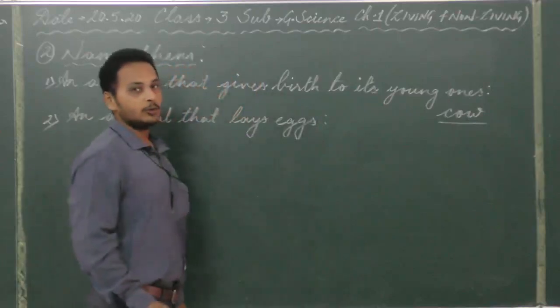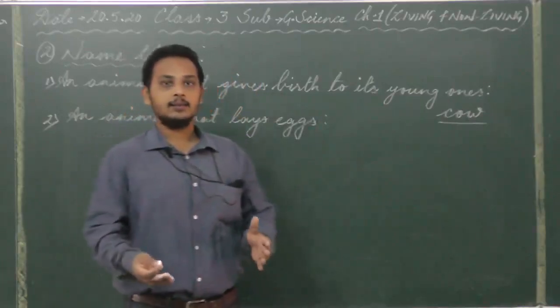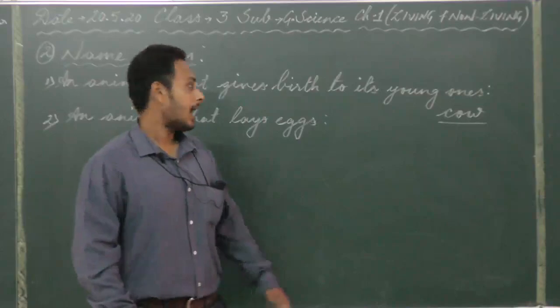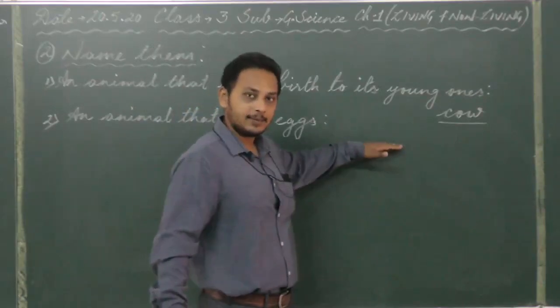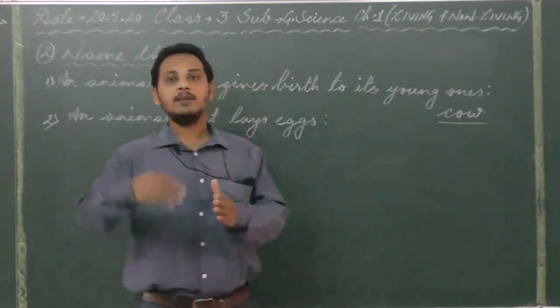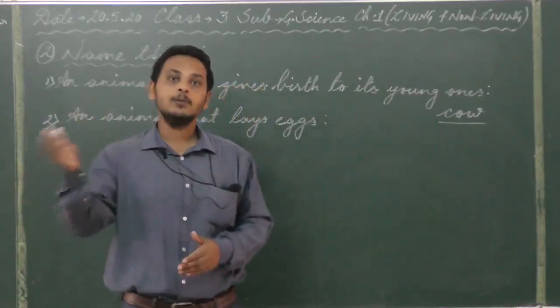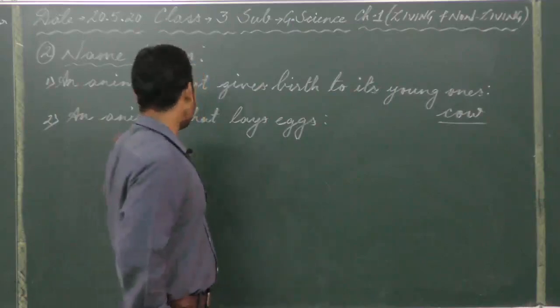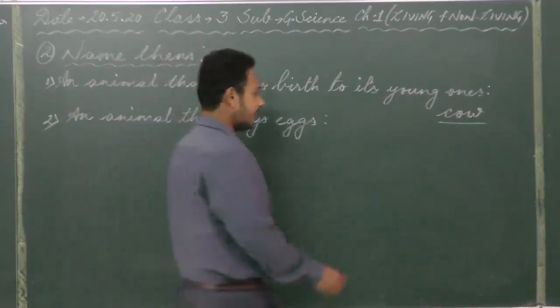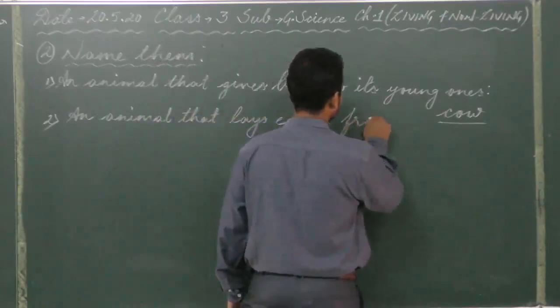Now here also there are many options that can be correct. I am giving you one option here, one answer. If you want, you can write the same thing. Otherwise, if you think any more answer to be suitable, you can write that also. It will be correct. So an animal that lays eggs, I can write frog over here.